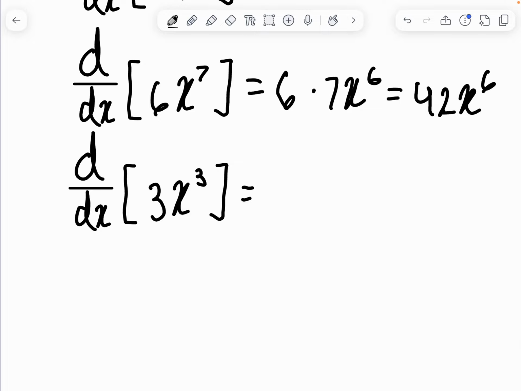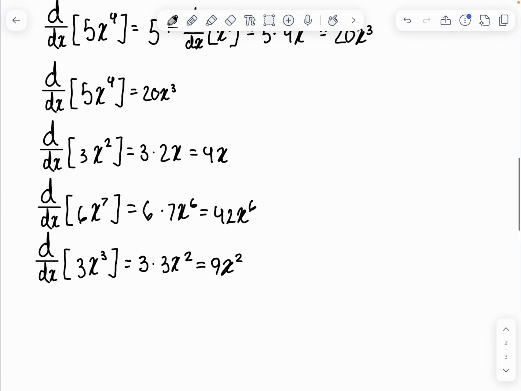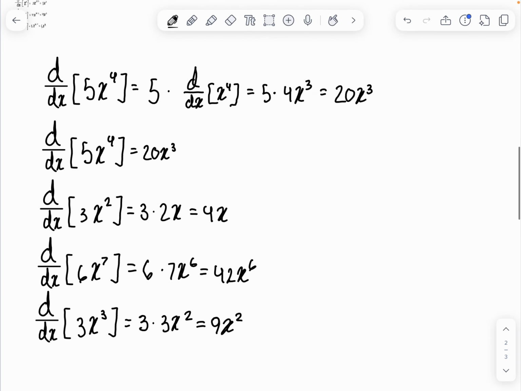And finally, what is the derivative of 3 times x cubed? The derivative is 3 times 3x squared, so it equals 9x squared. And that is if the derivative has a sort of coefficient.